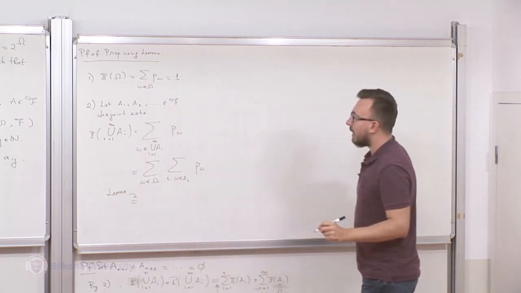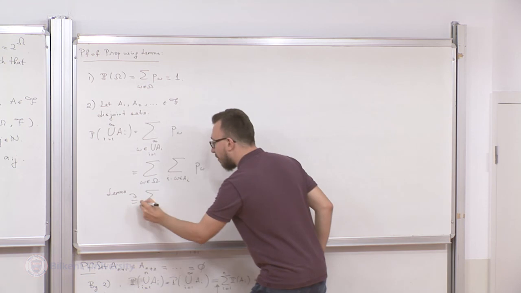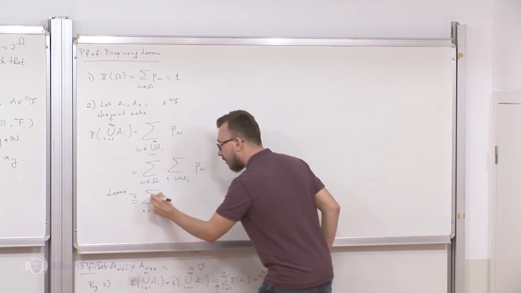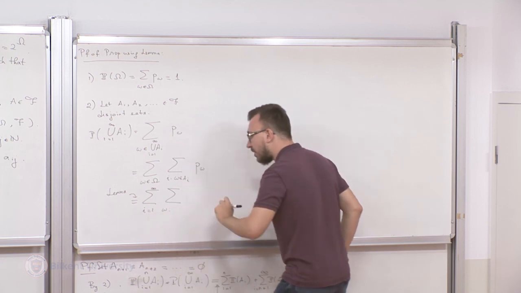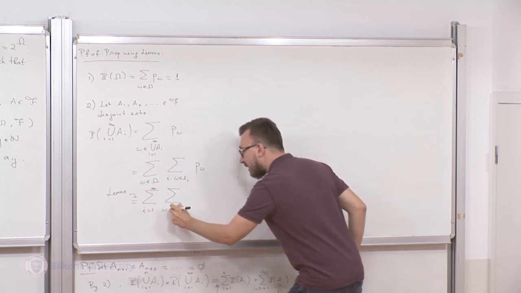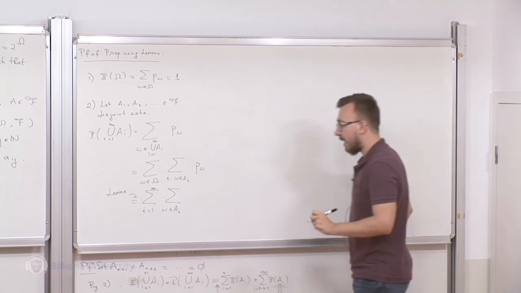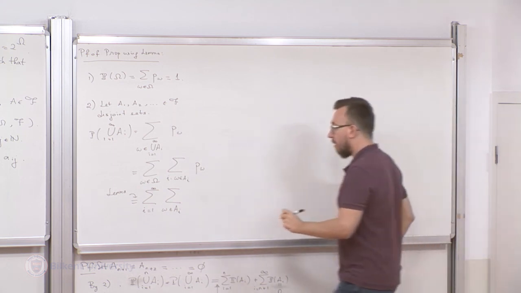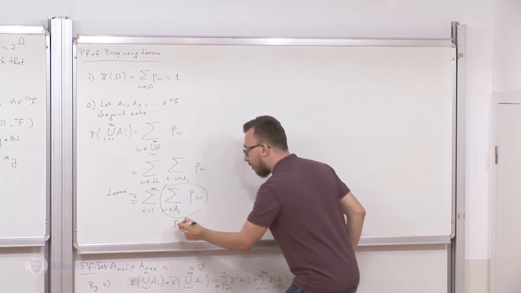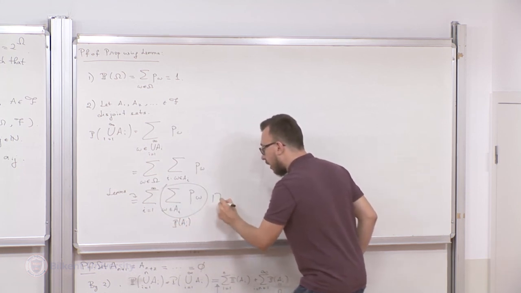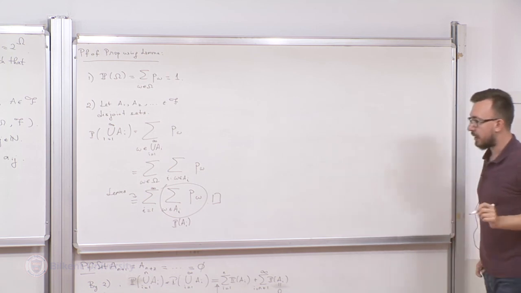Now it's going to be the sum over all i's from 1 to infinity, then the omegas for which omega is in A_i, of P omega. And this is the definition of probability of A_i. This is countable additivity.